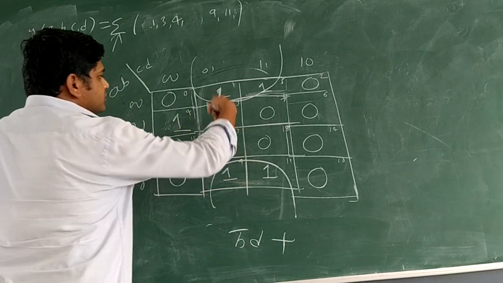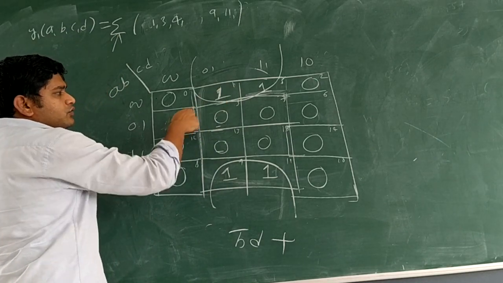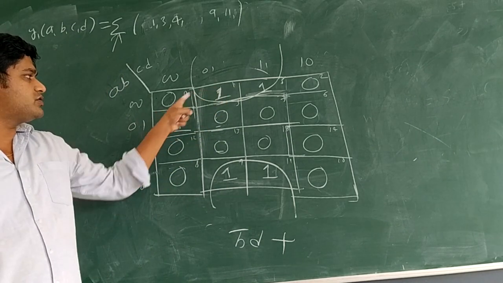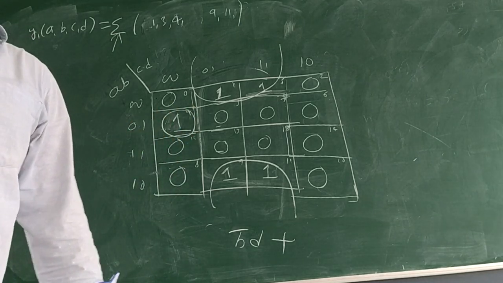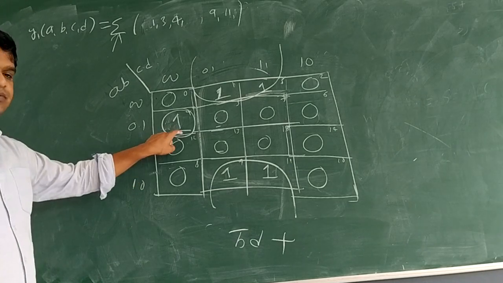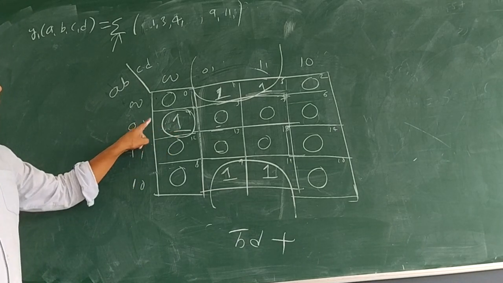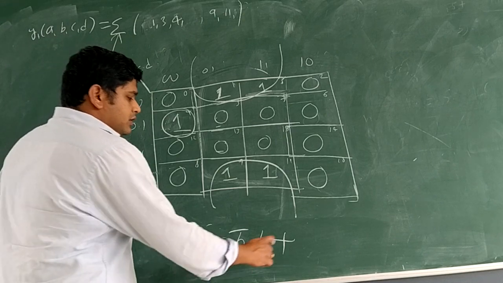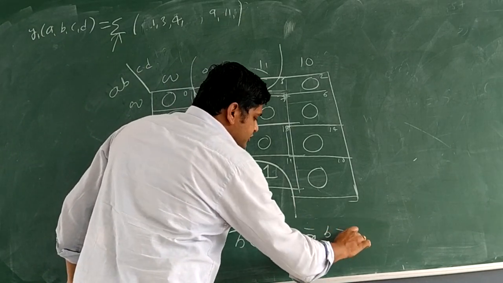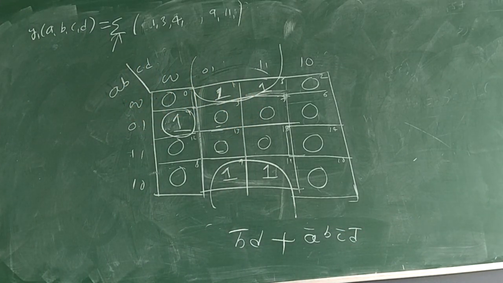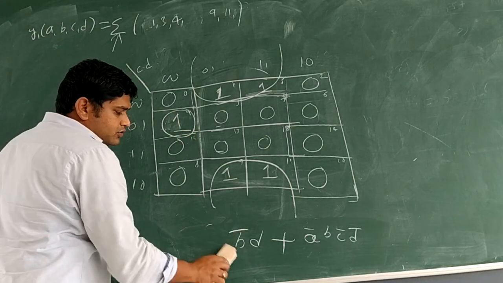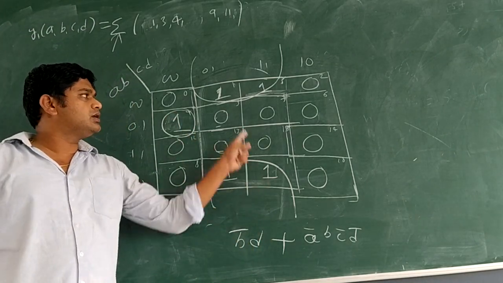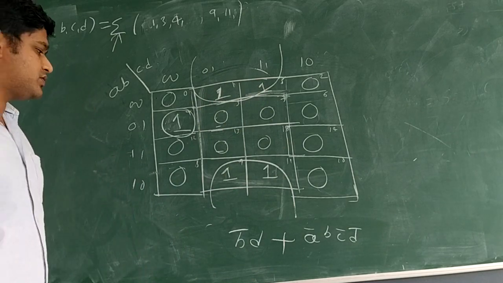Okay, now you think. So can we put 1 and 4 in the same cover? Not allowed because they are diagonal. So we have separate cover of size 1. What is function of this? A bar, B, C bar, D bar. This is function for cover with single 1. This is function for the cover with length of 4 number of ones.